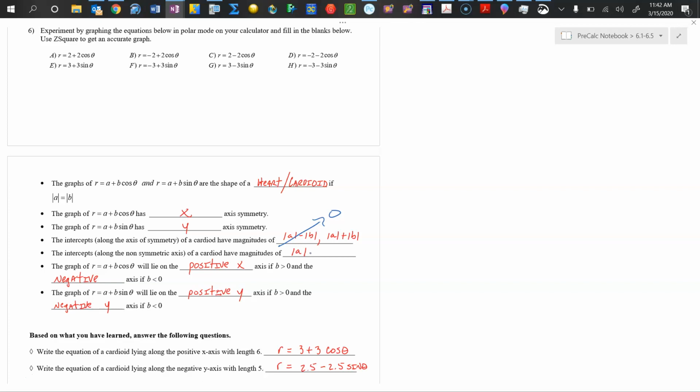The graph of these functions will lie mainly on the positive x-axis if the coefficient of the sine or cosine is positive, and will lie mainly on the negative portion of the axis if the coefficient of the sine or the cosine is negative.